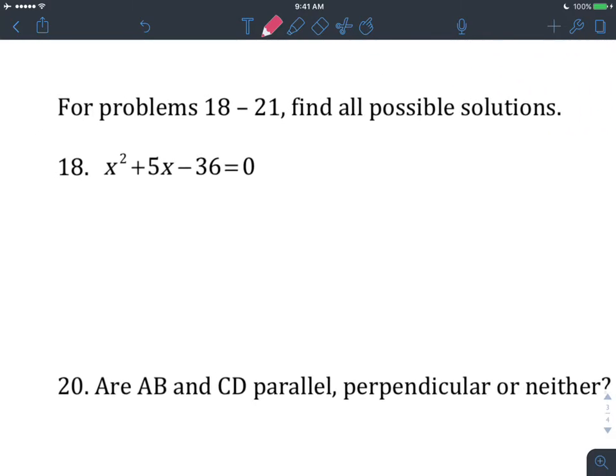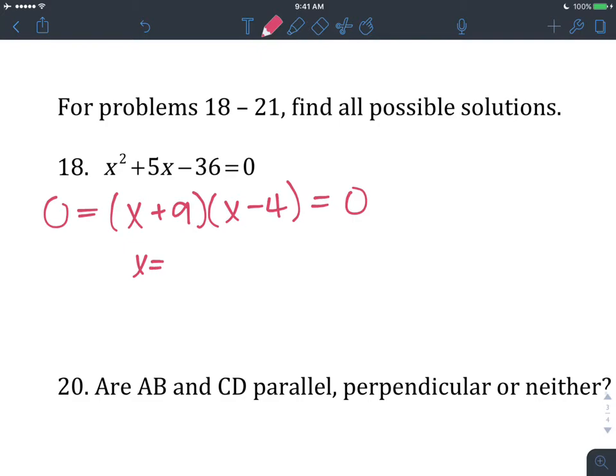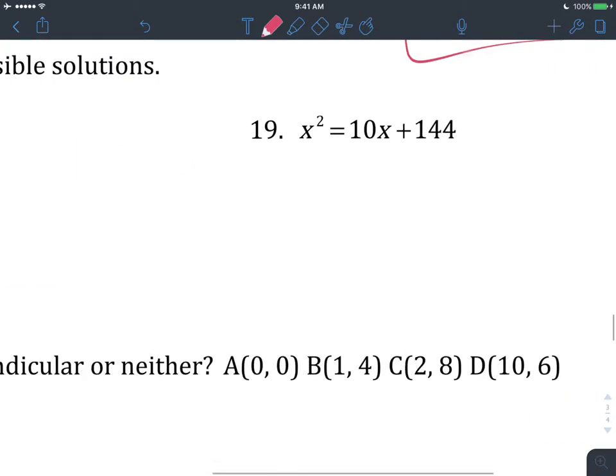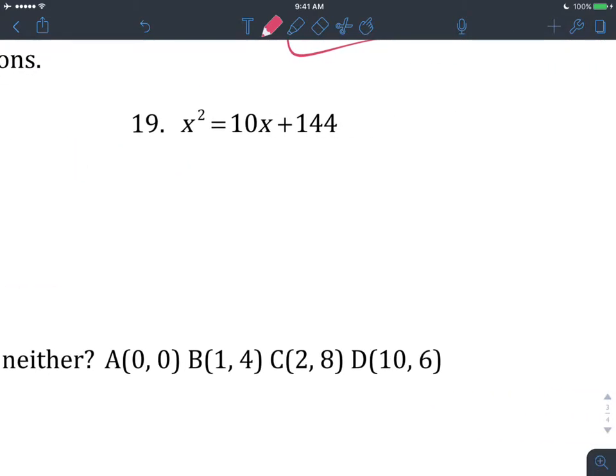All right, going down to just some factoring. So factors of 36, -36, that'll add up to 5. You're going to get x plus 9, x minus 4. Set them both equal to 0, and you're going to get x equals -9 and x equals 4. All right, number 19, you have to get everything on the other side. So you're going to have to subtract 10x and subtract 144.